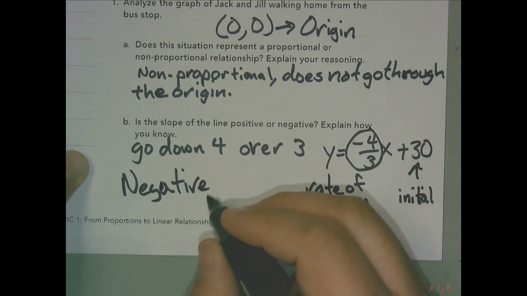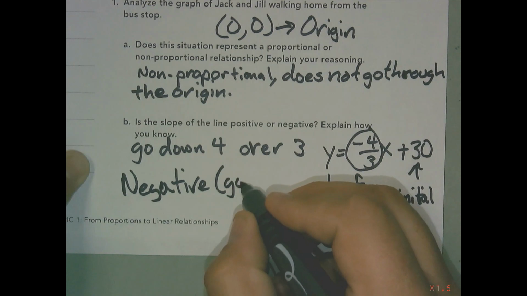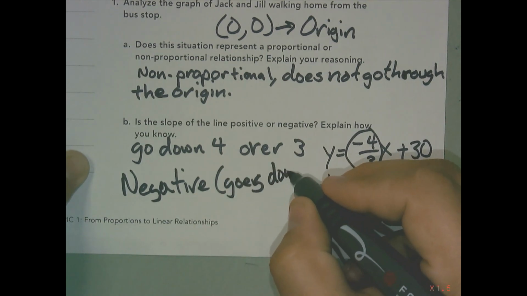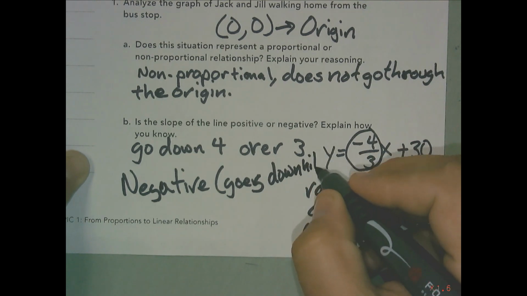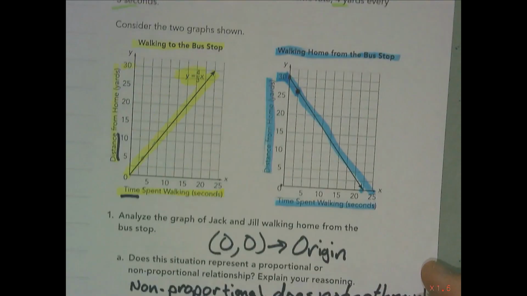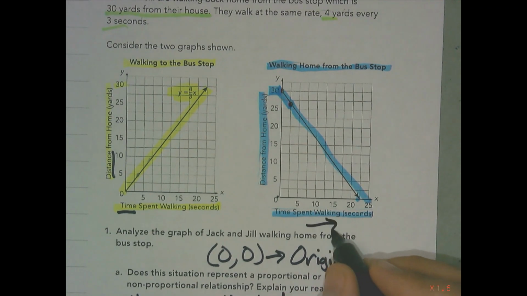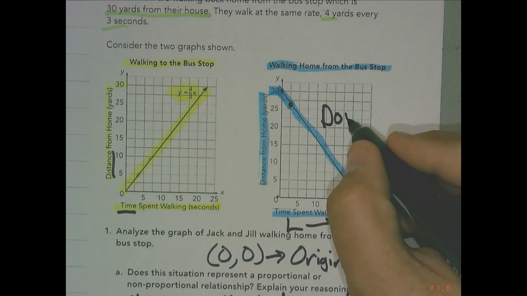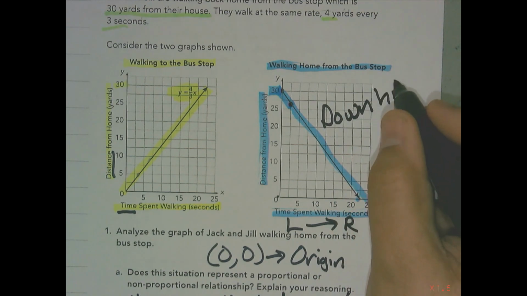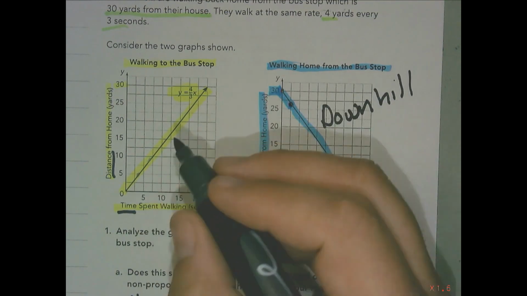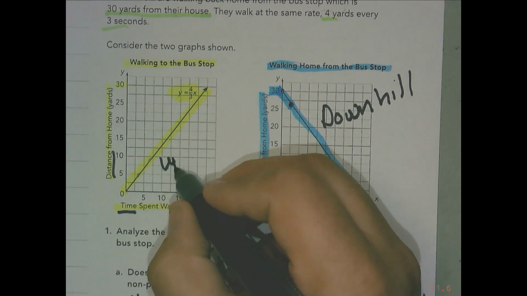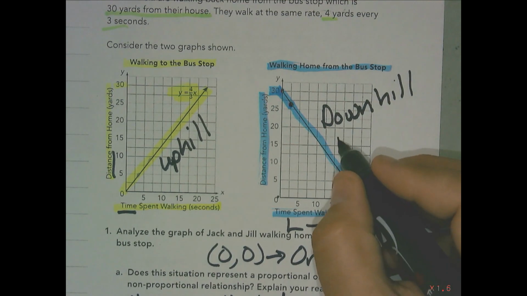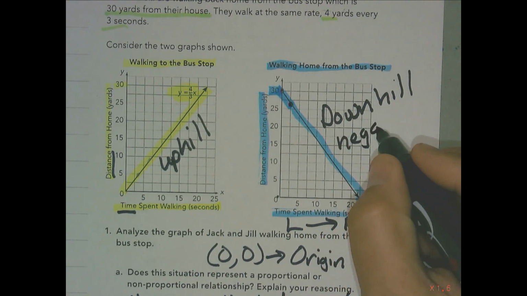One last clue is that it goes downhill. So when you look at this thing, as you read it from left to right, the graph goes downhill. Now remember, whatever I write down, I'm expecting you guys to write down. Positive slope goes uphill. So this is a negative slope.